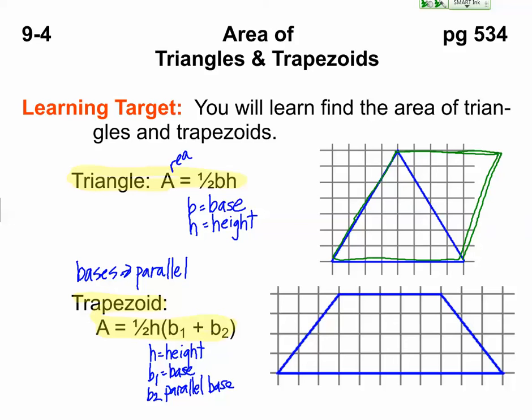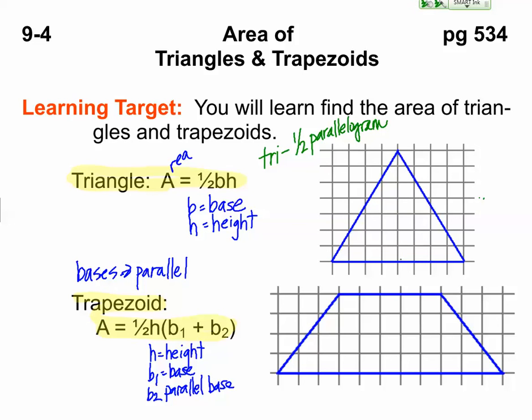And we know to find the area of a parallelogram, we do base times height. So what I want you to understand is that a triangle is half of a parallelogram. That's where that half comes into play.